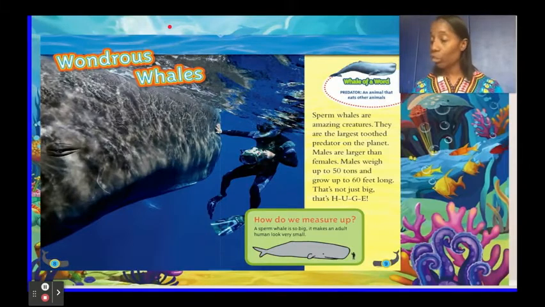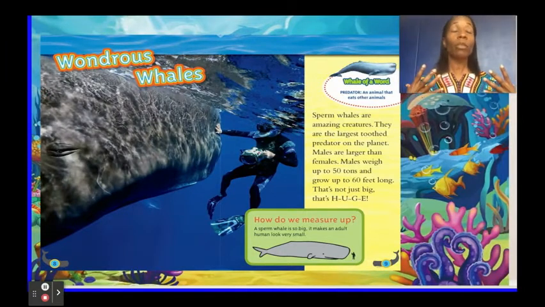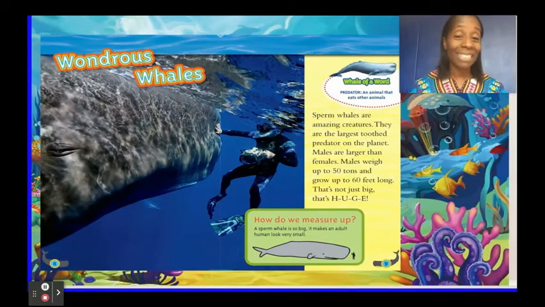So now, scholars, we should be on page 8. And here the author has it titled Wondrous Whales. And the author titles it Wondrous Whales because the author is going to give us some really wonderful information about whales. And if you look right here, it says sperm whales are amazing creatures.